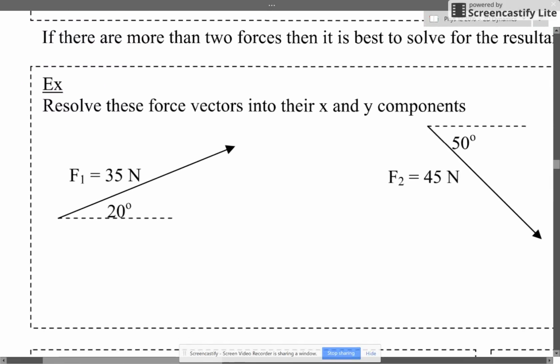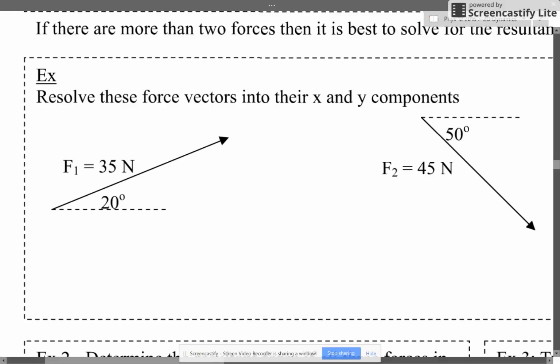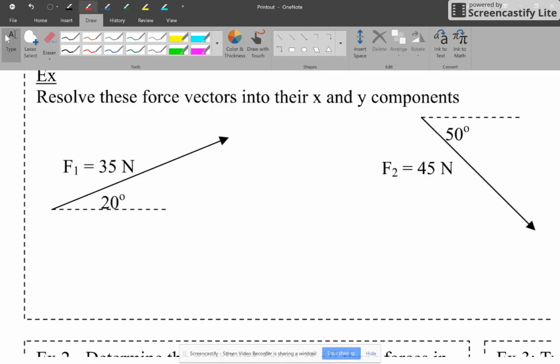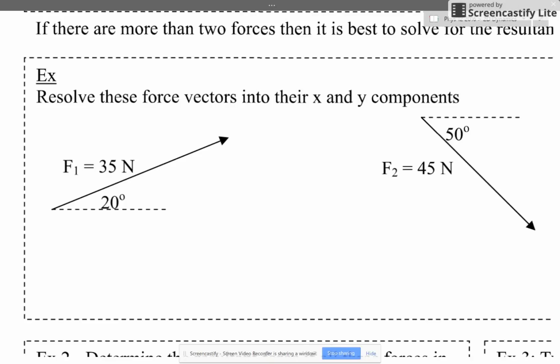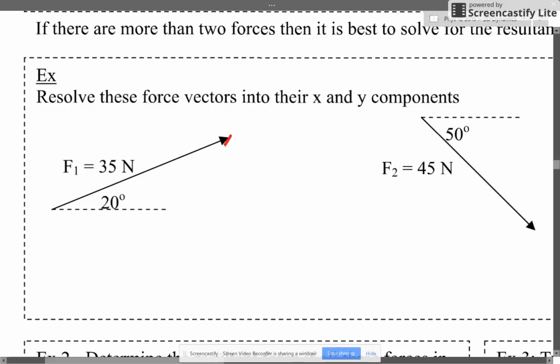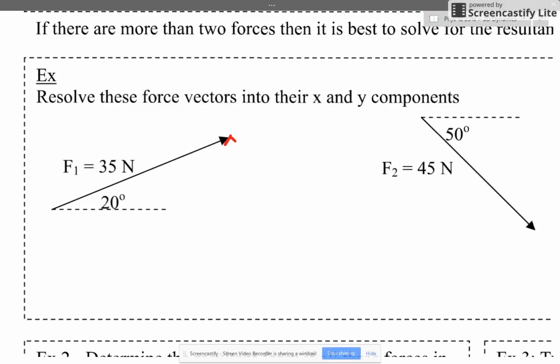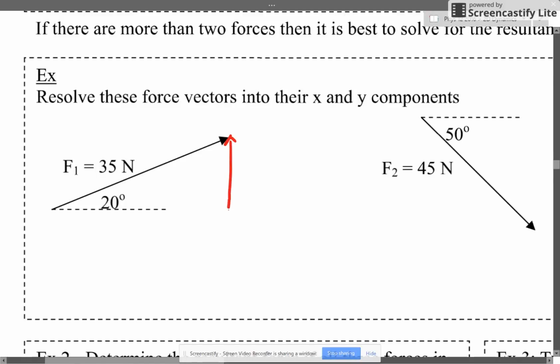Now, sometimes we will try to break forces into components, which actually happens quite a lot. So when a force is not pointing in east or west or north, those perfect directions, you need to break it into x and y components, just like velocity. So for example, you have a 35 Newton force, and you want to break it into x and y this way.